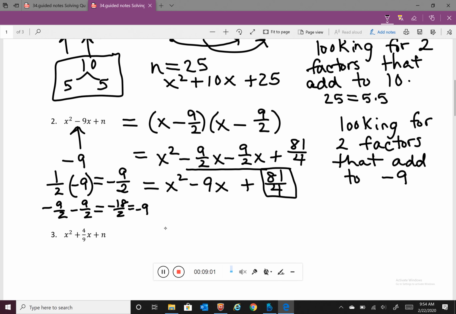So n is 81 over 4, and this in factored form is x minus 9 halves quantity squared. So this is a very important step right there in order to factor this as a quantity squared.